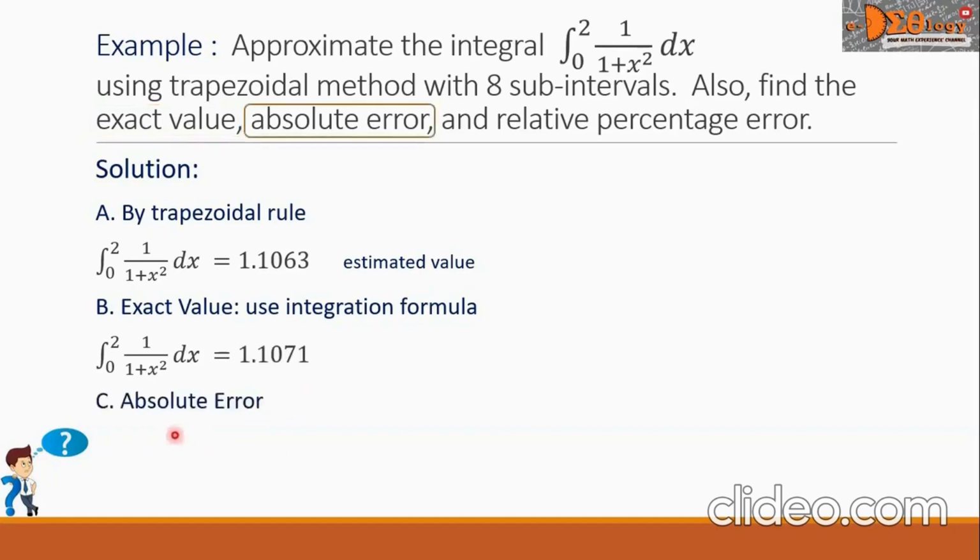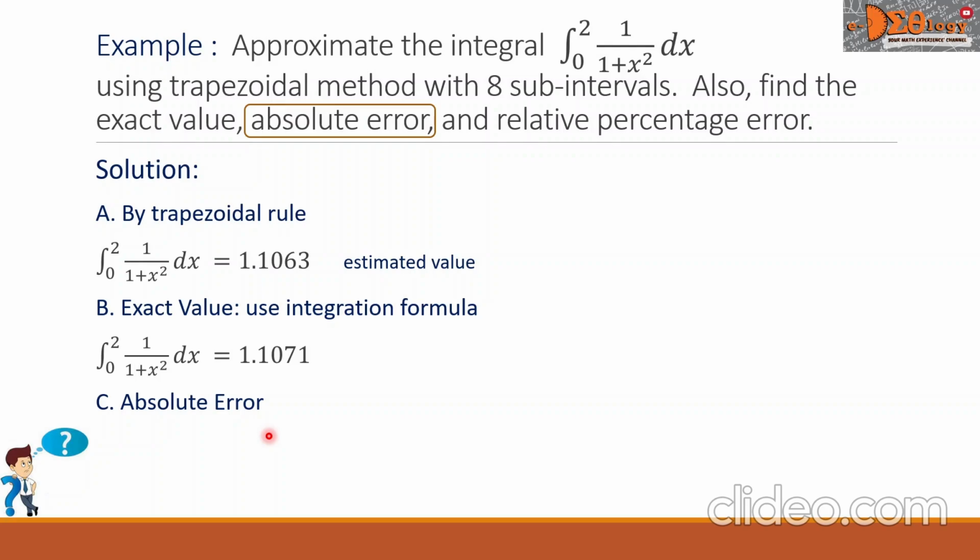Then the absolute error. Our formula is the absolute value of exact value minus approximate value. So let us substitute the corresponding values in the formula. We have the exact value is 1.1071, we write it here, minus the approximate value or estimated value, the 1.1063.